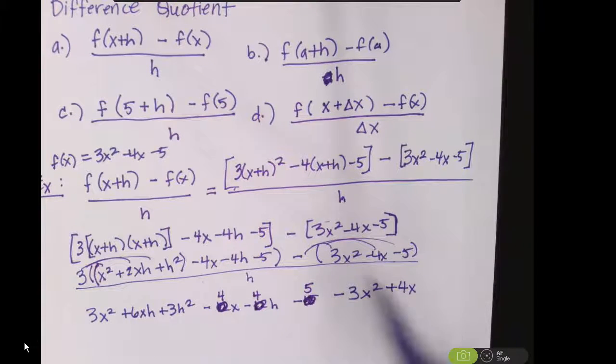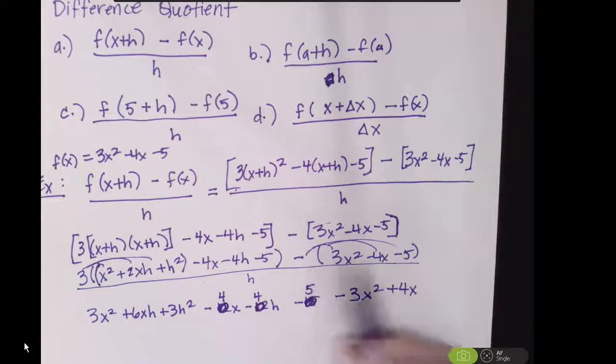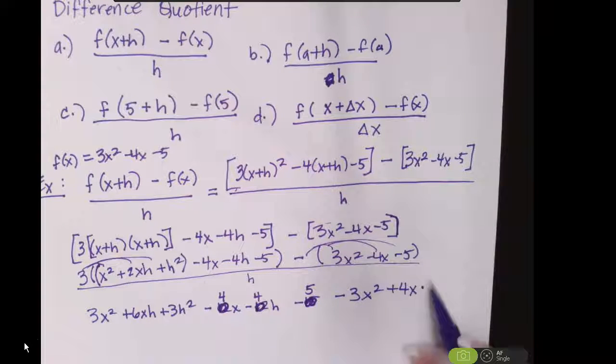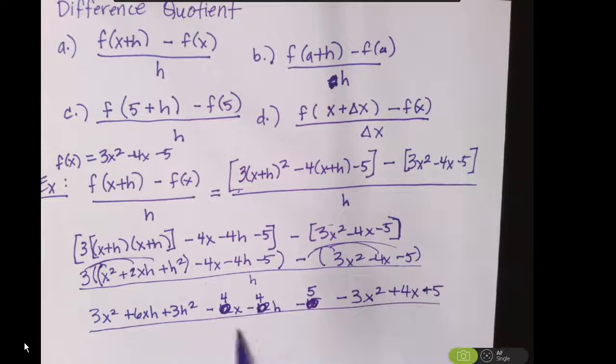So now that's all distributed correctly. Here I'm distributing my minus sign. Minus 5 is plus 5. Okay, so remember I said that the whole point is to get your delta x's or some of your h's to cancel out. So that's what I'm hoping is going to happen here when I do my combining like terms.